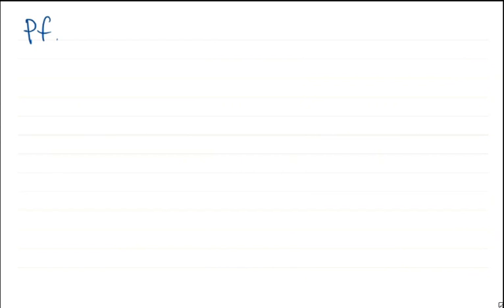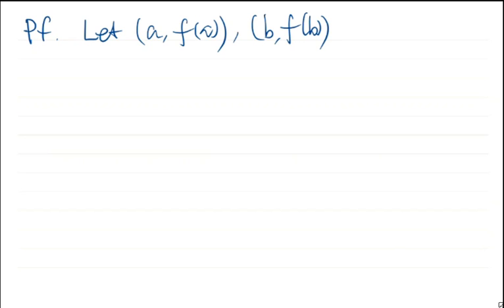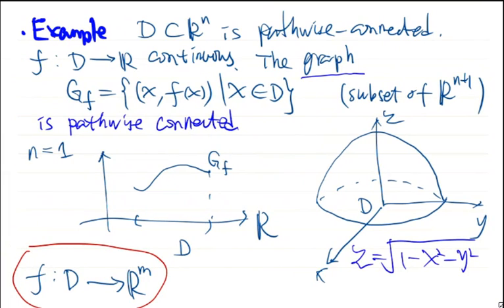Proof. Let (a, f(a)) and (b, f(b)) be two points in the graph. Of course, every point in the graph is of the form (x, f(x)), so x equal to a, x equal to b, we get two points of the graph.